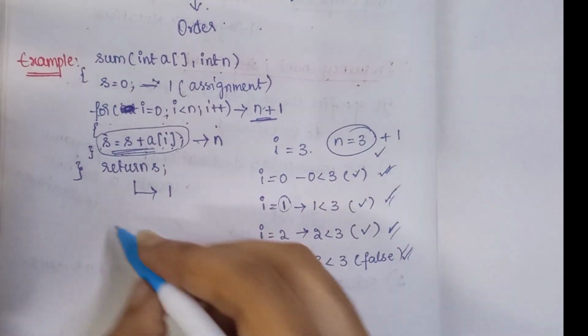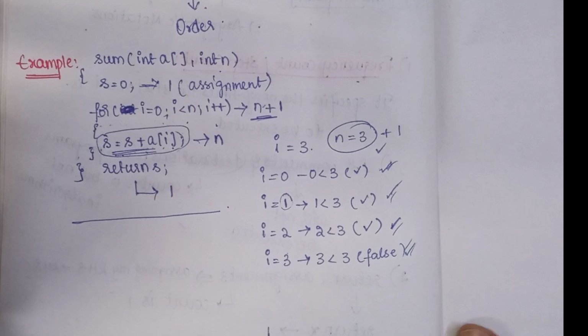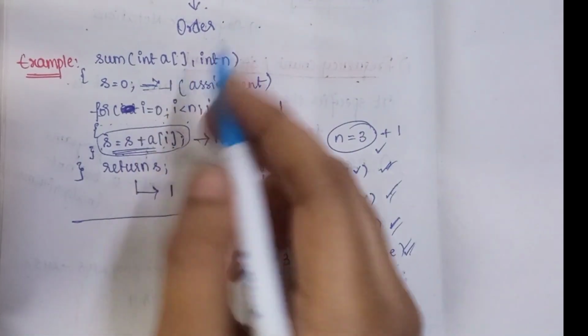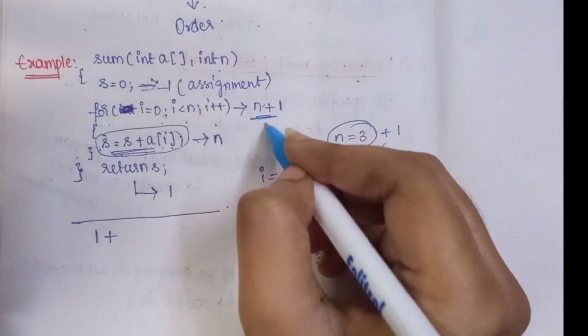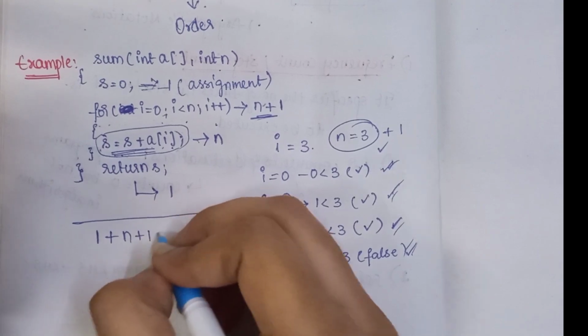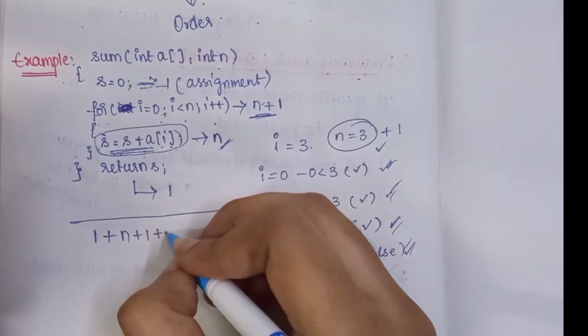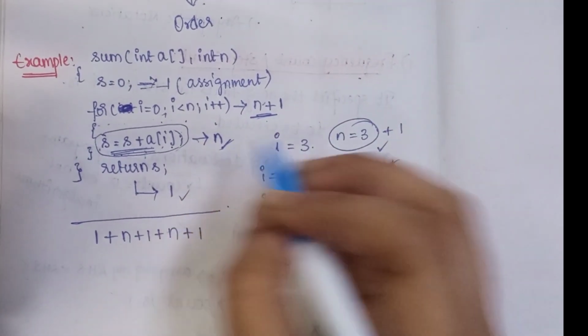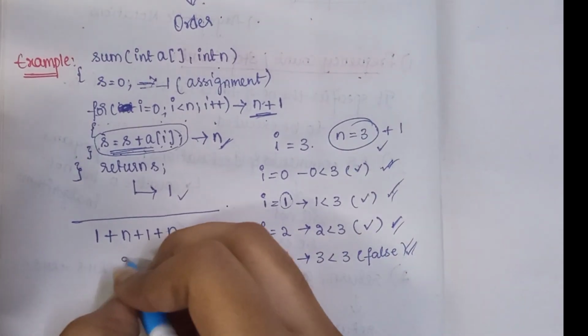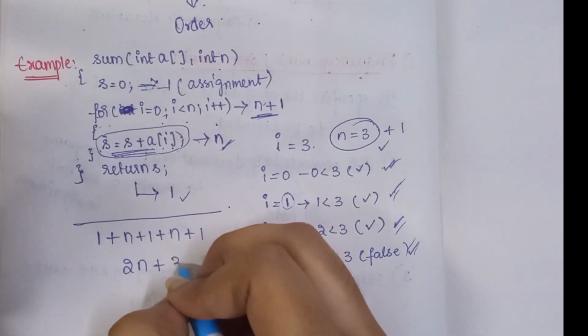So what you'll do, at the last you'll add all. So the first step 1 plus the next n plus 1 plus the next value is n and the next value is 1. So if you add all this, you will get 2n plus 3.